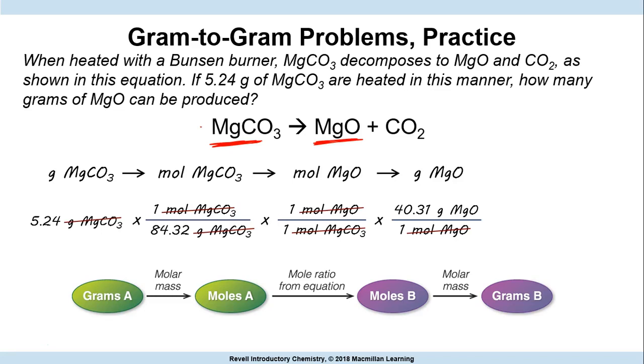If you evaluate this, if you take 5.24 times 40.31 divided by 84.32, that is going to give you 2.51 grams of magnesium oxide. So we have successfully moved from grams of magnesium carbonate to grams of magnesium oxide using this map.